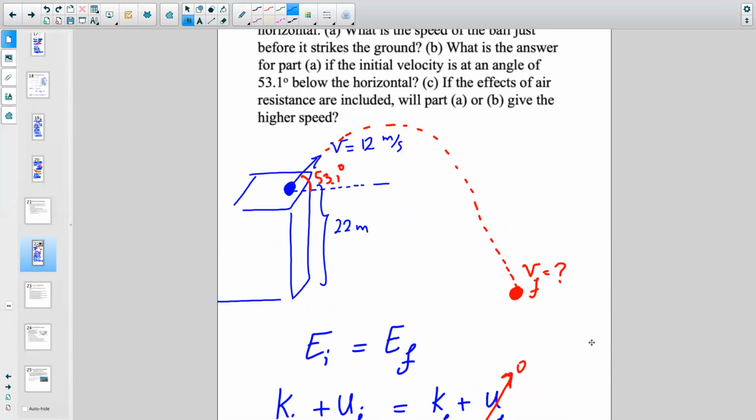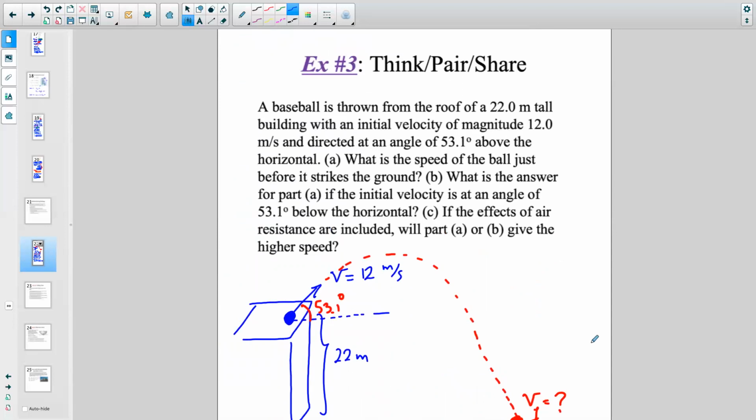Now, let's take a look at another part. What is the answer for part A if the initial velocity is at an angle of 53.1 degrees below the horizontal? In other words, what would be the answer if you're just throwing this downward? If the initial velocity vector is downward, there is no change in the final answer.